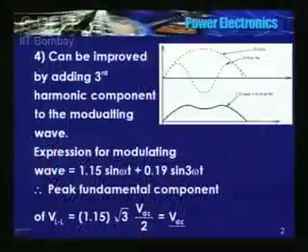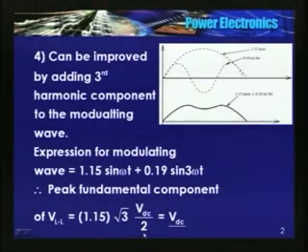We could improve the peak of the fundamental component, okay, that increases by 15%. How does it improve by 15%? Because the peak of the sinusoidal modulating wave itself has been improved by 15%. Okay. So the peak of the fundamental component is now 1.15 times root 3 VDC by 2, that is VDC itself. Okay.